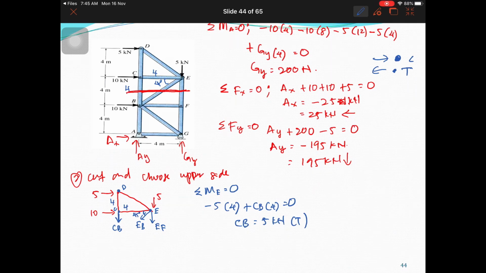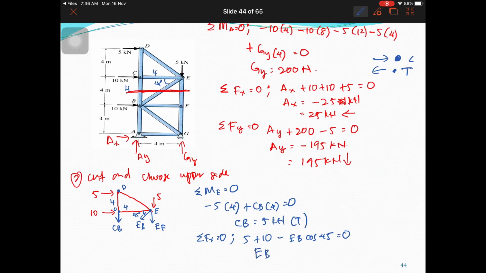And then we find the summation of Fx equal to 0. So you have 5 plus 10 minus EB cos 45. Why minus? It goes to the left, so it's minus.